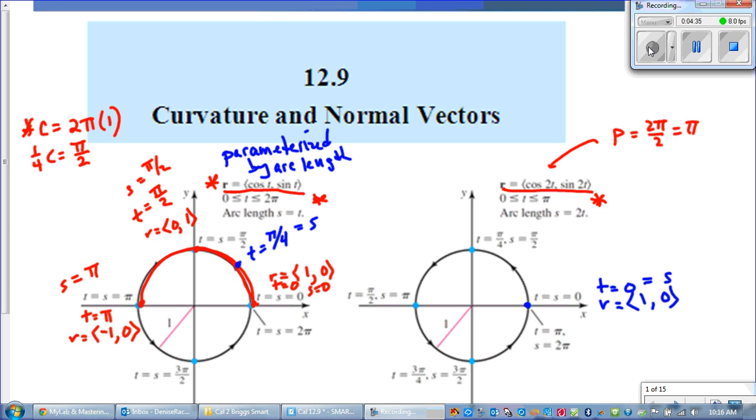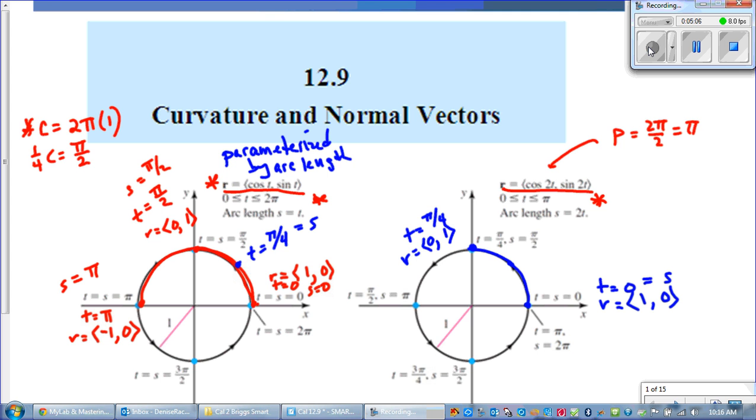Now measuring counterclockwise, when t is equal to pi over 4, the value of r is cosine of pi over 2, which is 0, sine of pi over 2, which is 1. So the value of t is pi over 4 when we're at the point (0, 1).